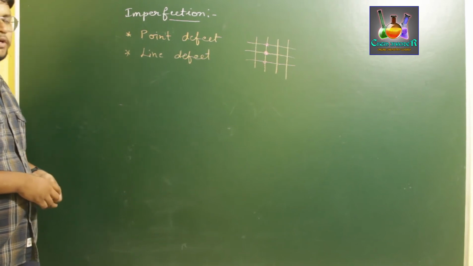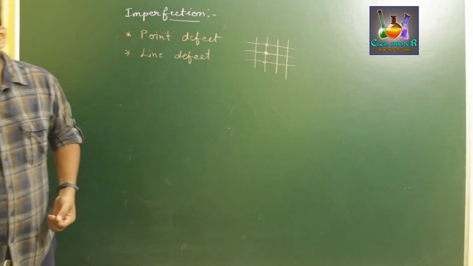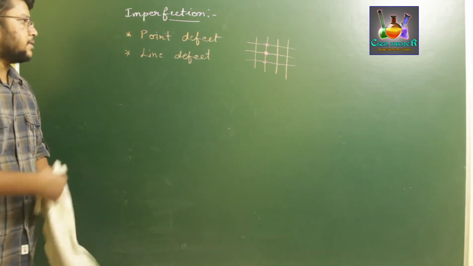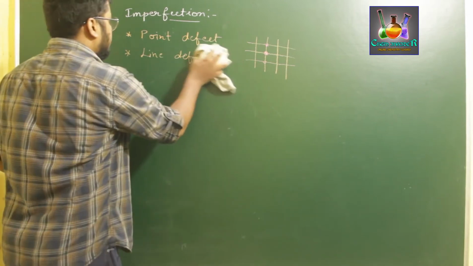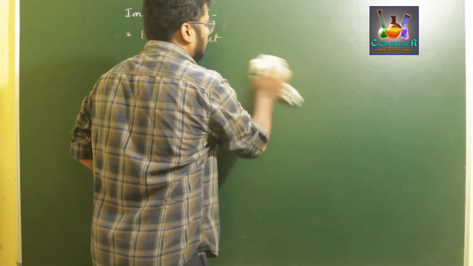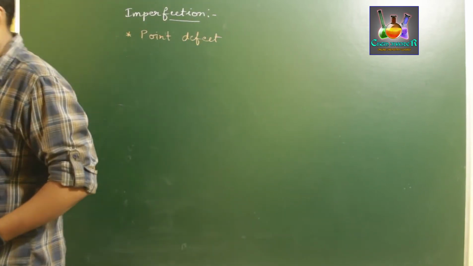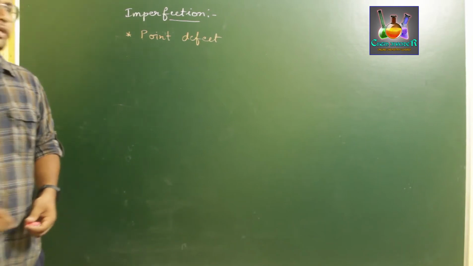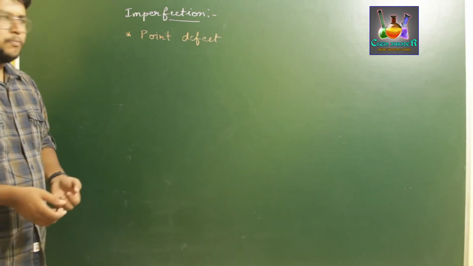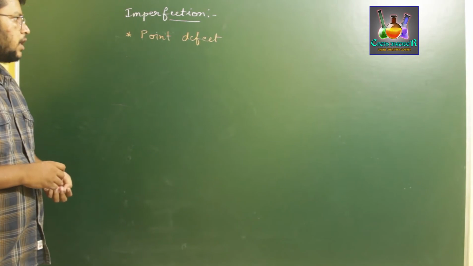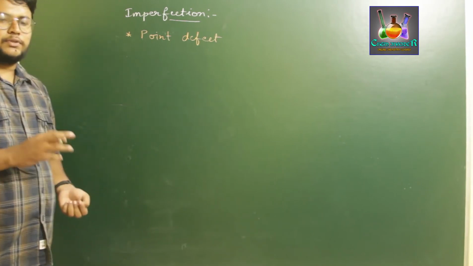Now we are going to discuss point defect and its different types. As I said, a point defect is nothing but a defect caused at a particular site of the crystal lattice. Depending on this, we have classified point defect into three types.